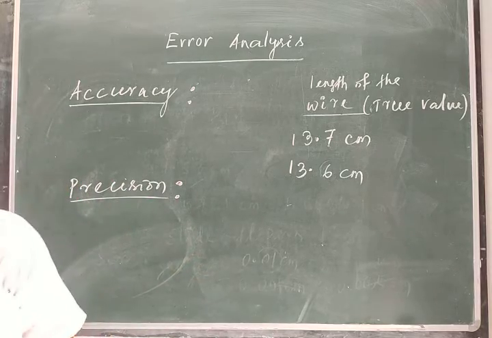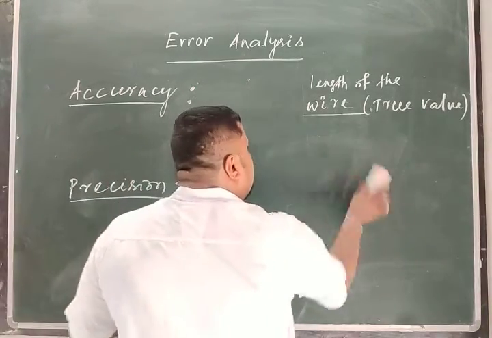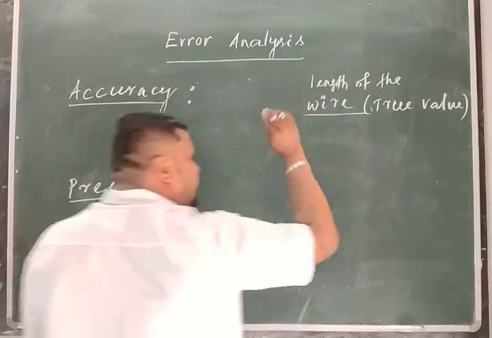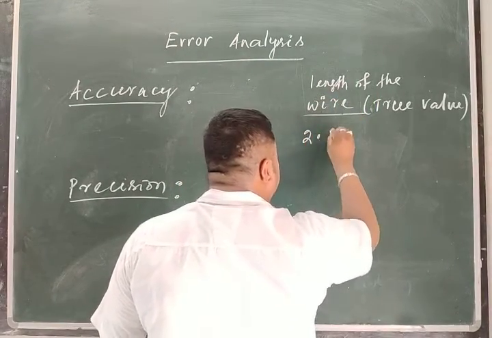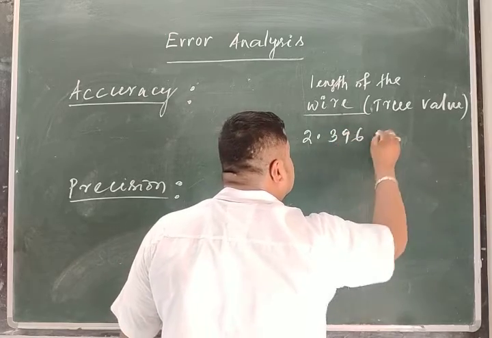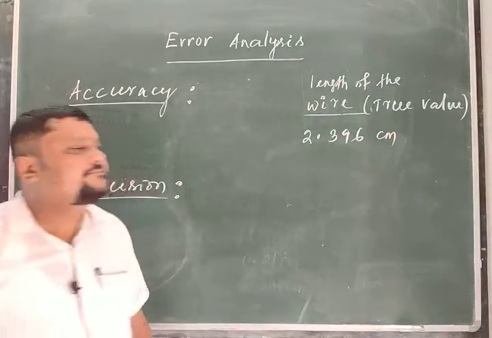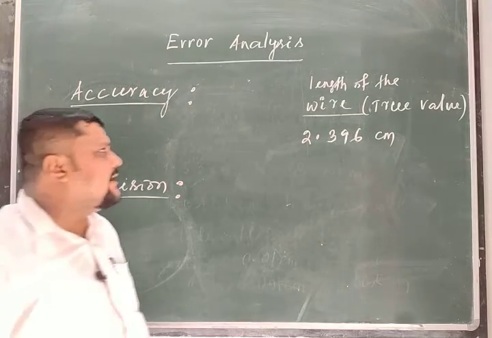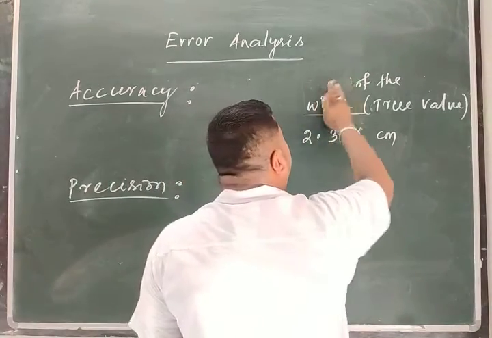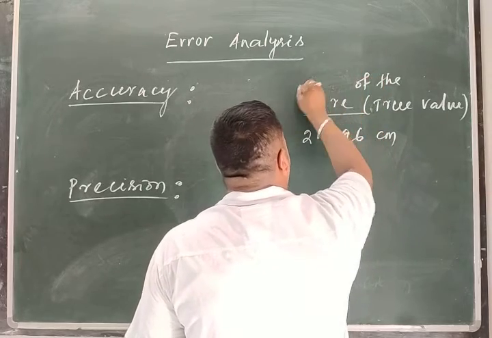Suppose the true value of a measurement of another wire is given.